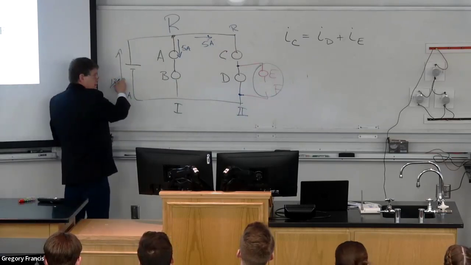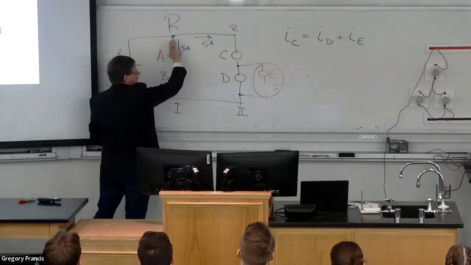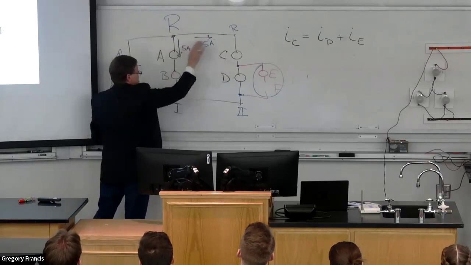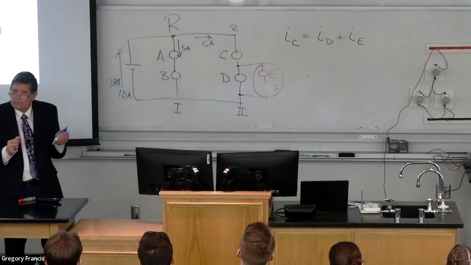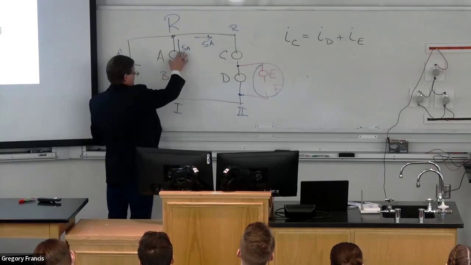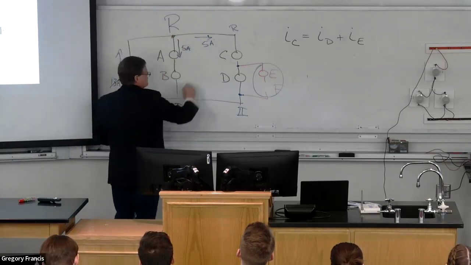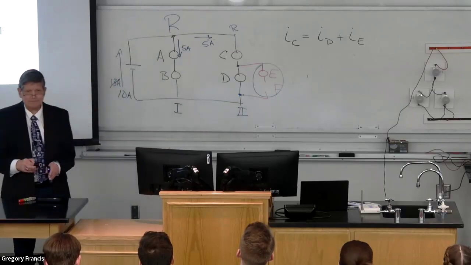The current through the battery goes down, but also the splitting ratio here went from more than half and less than half to 50-50. And that happens for a reason we'll talk about in just a few minutes if you're patient. It happens because this path is independent of that path. Questions on that?